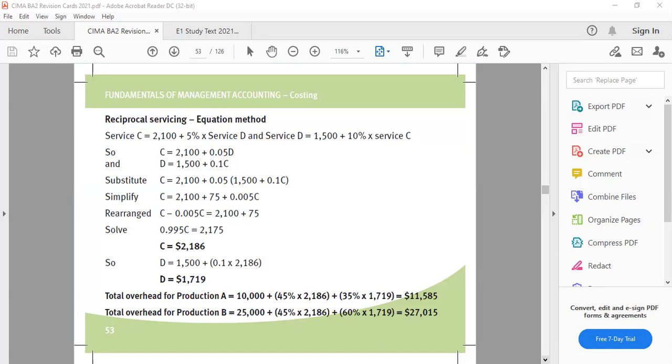See, the total amount of cost in production department A is 11,585. Then B is 27,015. C anyway we are ignoring, less than 0.5, so it's almost equal to 0. D also 0. So all the costs are now only identified with the production departments.